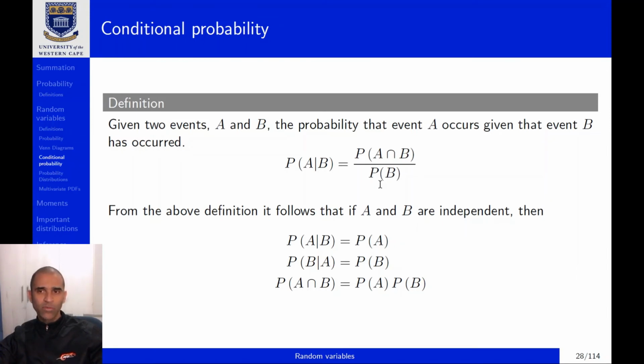So we divide by the probability of B because we know when dealing with conditional probability that B has occurred. Okay. Now, given that definition above, it follows that if A and B are independent, then the probability of A given B is equal to the probability of A. Further, the probability of the intersection of A and B is equal to the product of the respective probabilities, that is, the probability of A multiplied by the probability of B.